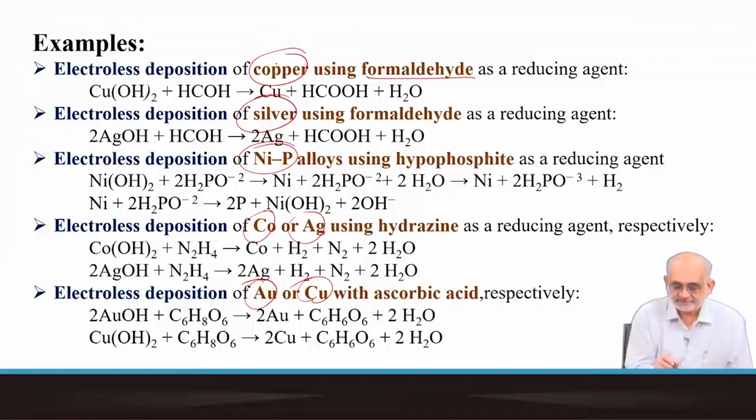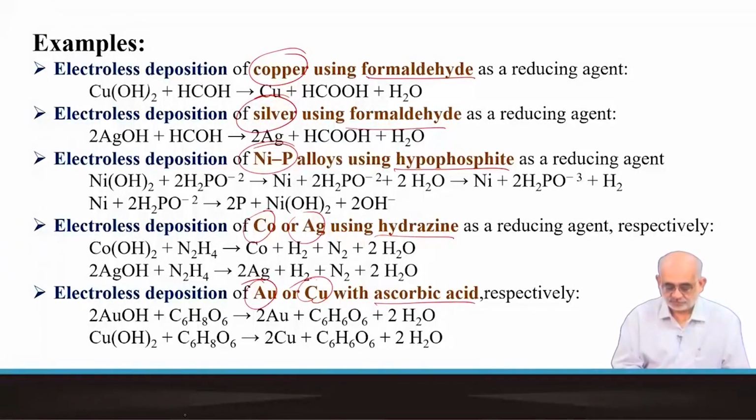You see formaldehyde in case of copper, again formaldehyde in case of silver, but hypophosphite in case of nickel phosphorus, hydrazine in case of cobalt or silver, ascorbic acid in case of copper or gold. So the reactions look somewhat like that. And what we see is in all the cases, the neutral atoms are getting deposited, and this is through a so-called autocatalytic reduction process.